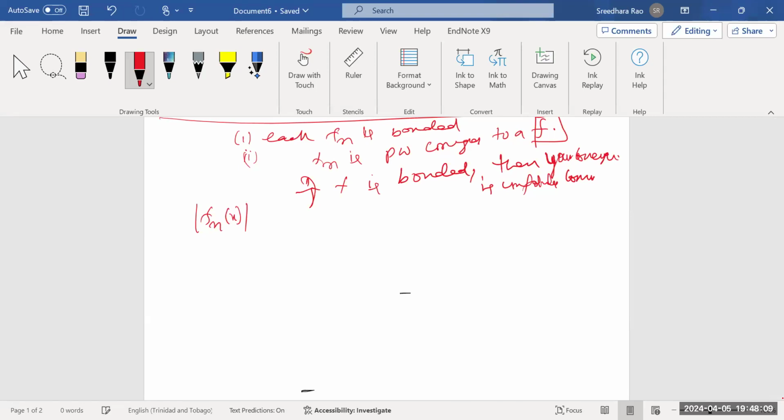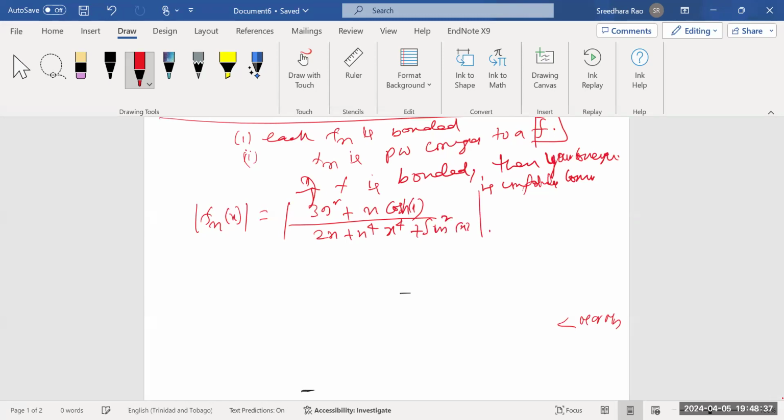If it is less than or equal to some Mn, then each function is bounded. So let us say modulus of Fn of x is 3n square plus n cosh of x over 2n plus n to the power of 4 times x to the power of 4 plus sine square of x.